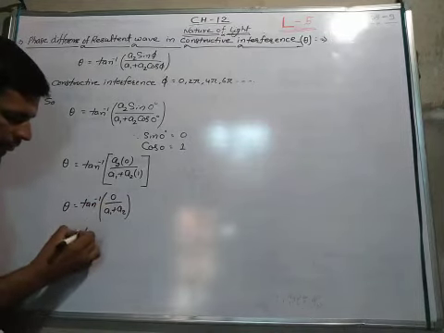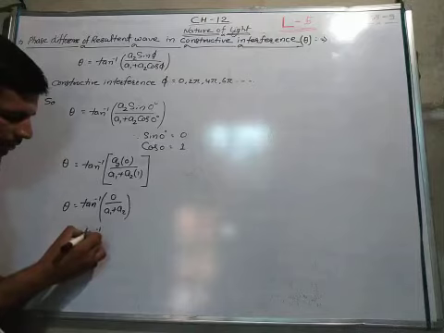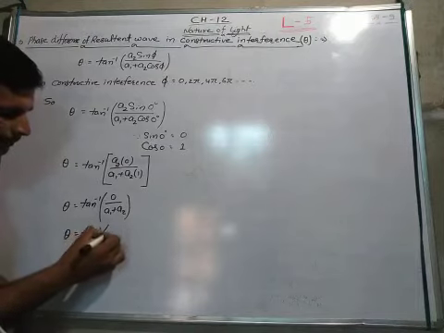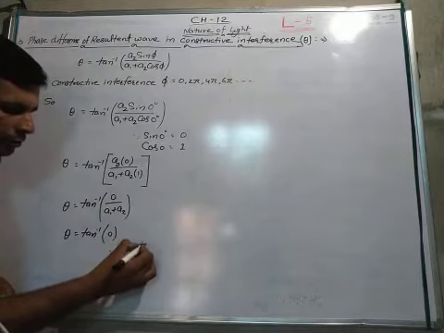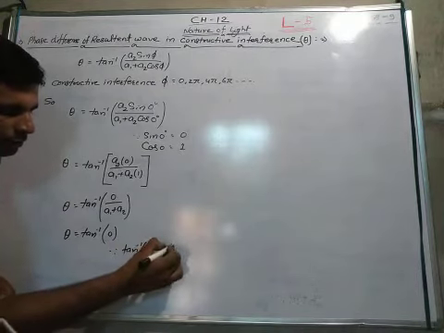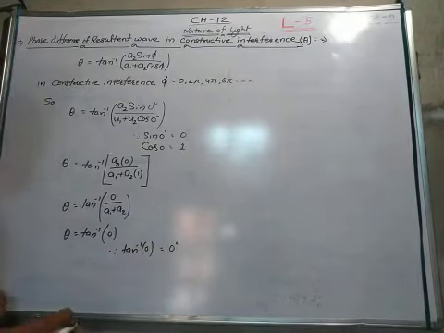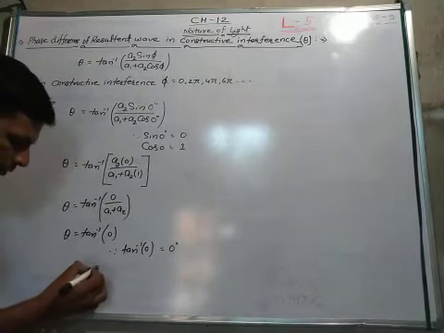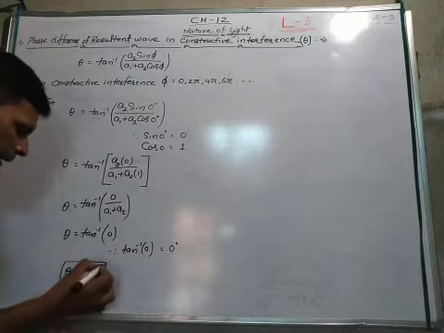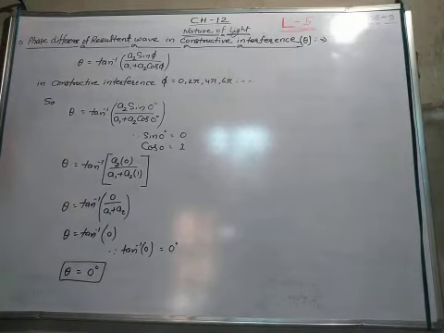So theta is equal to tan inverse 0. Tan inverse 0 is the value of 0 degree. So theta is equal to 0 degree. It means the phase difference of the resultant wave will be 0 degree.